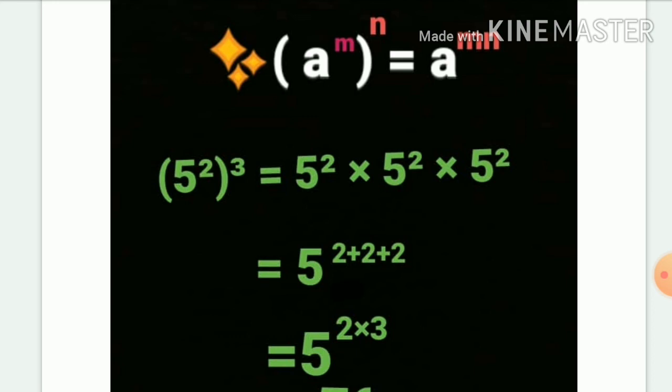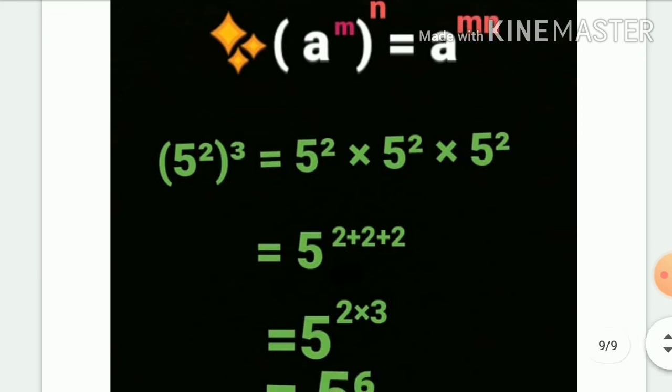First you will take the index which is there outside. So (5^2)^3 has 3 as our outside index. Means the inside thing will be multiplied how many times? 3 times.